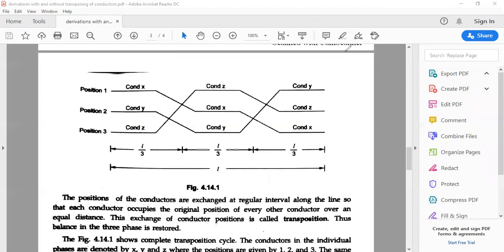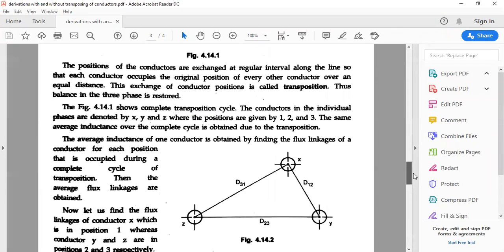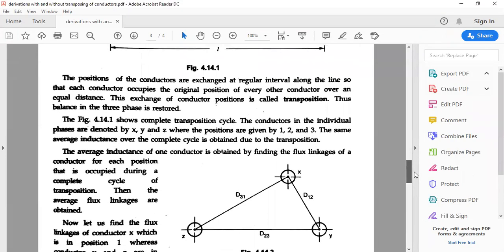Next, the positions of each conductor are changed at a regular interval so that it occupies the position of the next conductor. This exchange of conductor position is called transposition. So what is transposition?